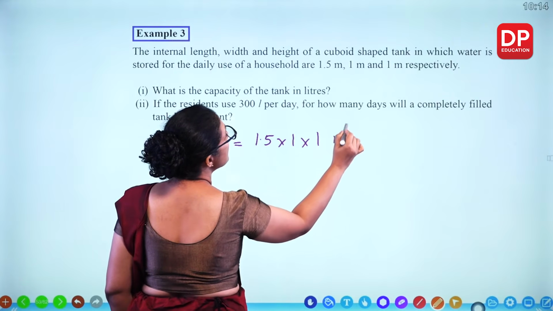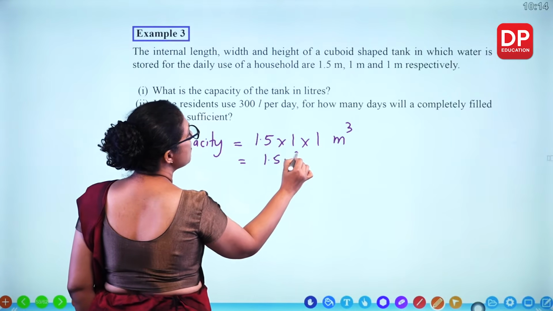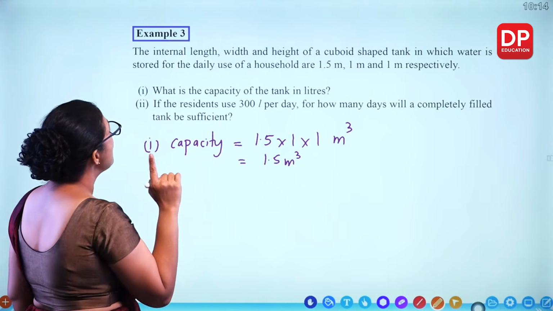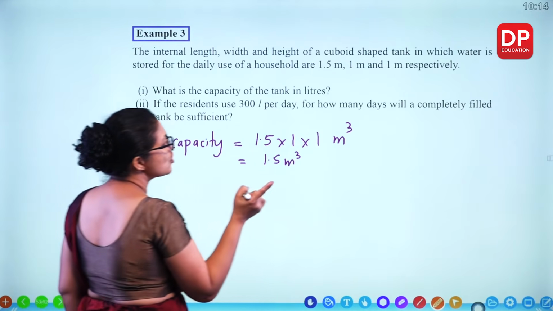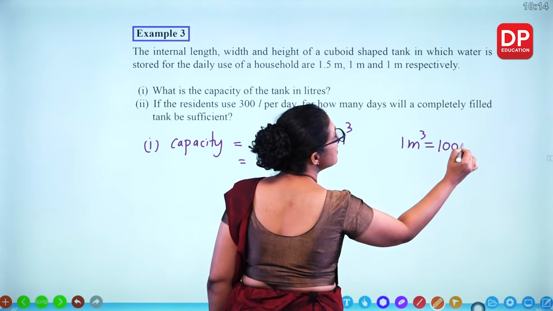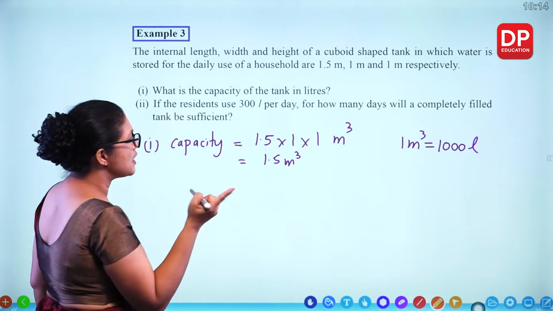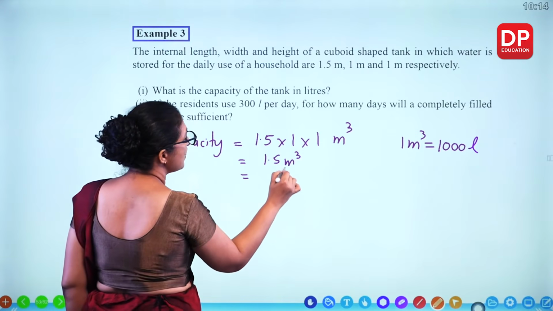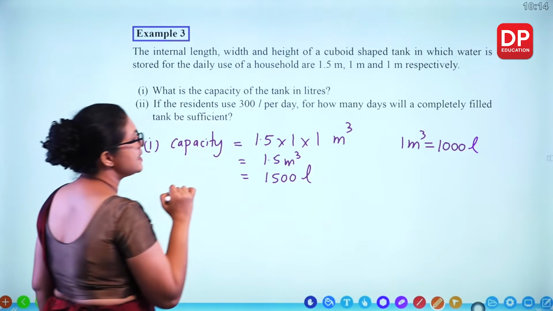This is in cubic meters. So that's 1.5 cubic meters. But you need to convert to liters. What's the conversion? 1 cubic meter is 1000 liters. So 1.5 means multiplied by 1000, you get 1500 liters.